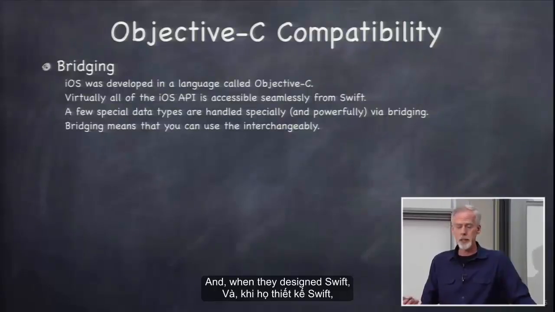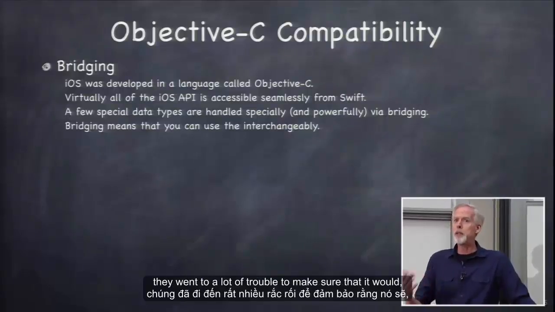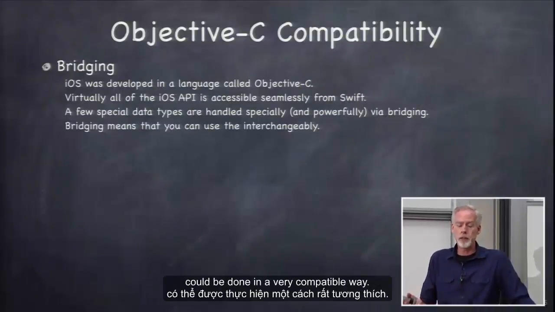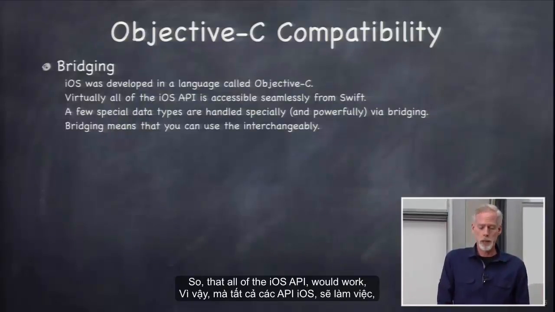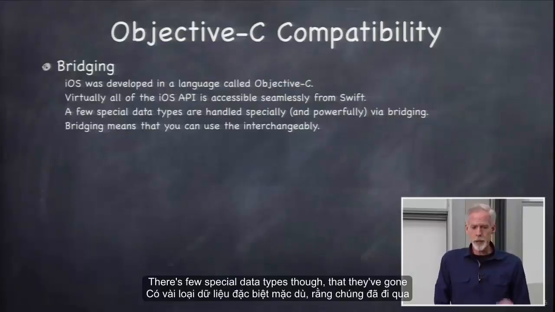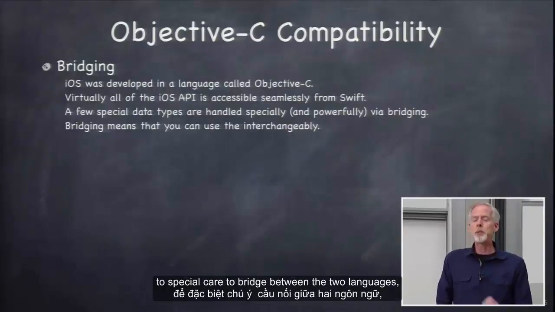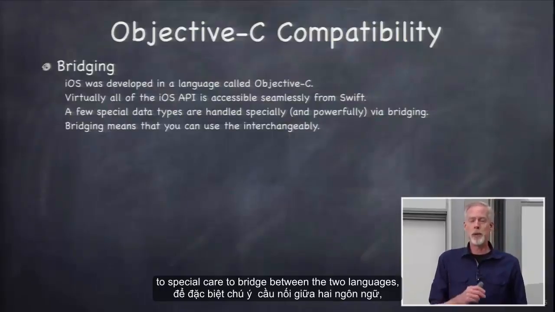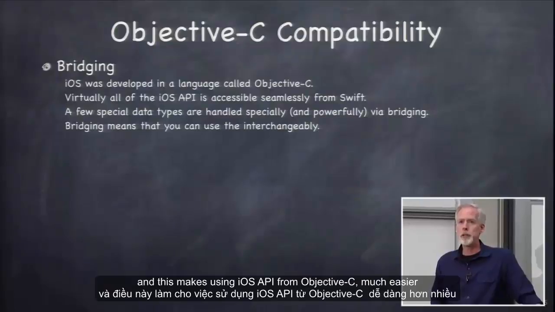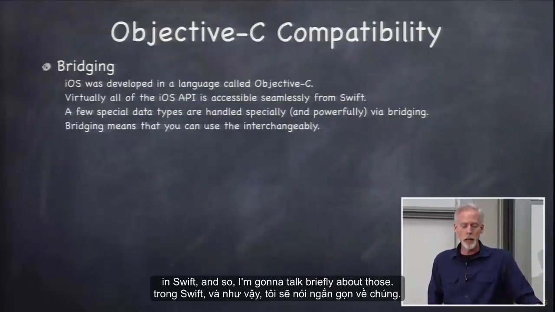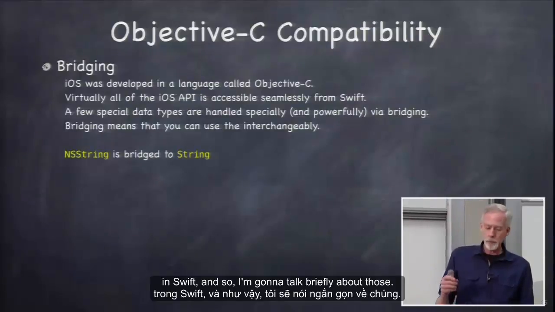And when they designed Swift, they went to a lot of trouble to make sure that it could be done in a very compatible way, so that all of the iOS API would work just fine in Swift. There's a few special data types, though, that they've gone to special care to bridge between the two languages. And this makes using iOS APIs from Objective-C much, much easier in Swift. And so I'm going to talk briefly about those.